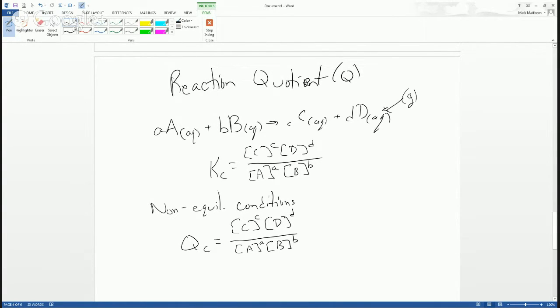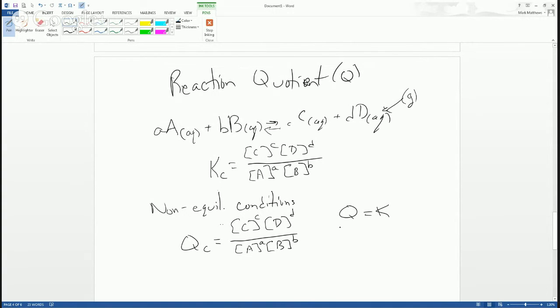Students will look at that and say, hey, they're the exact same equation. Yeah, that's kind of the point. The only difference is that for K, these are the concentrations when the reaction hits equilibrium, and Q is basically any other time, any other concentrations that aren't that magic ratio that gives you K. When Q equals K, your system has achieved equilibrium.